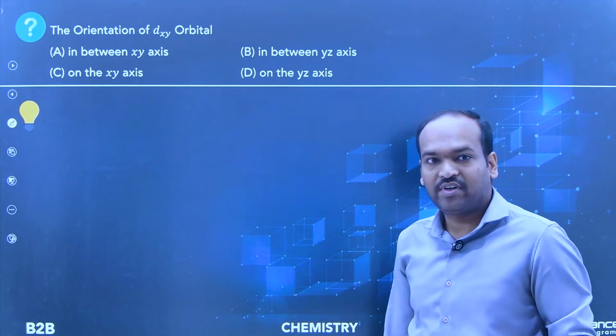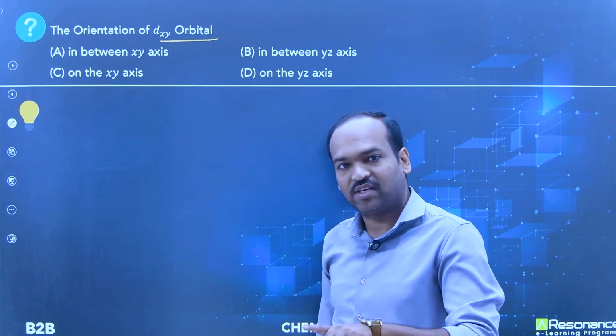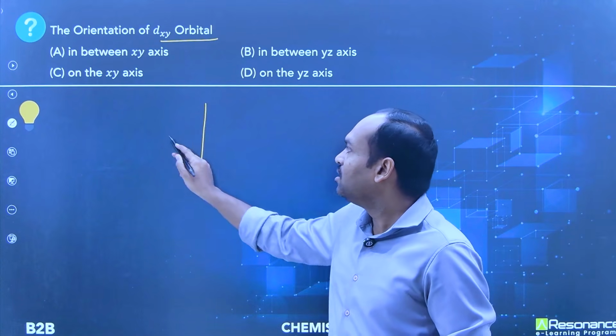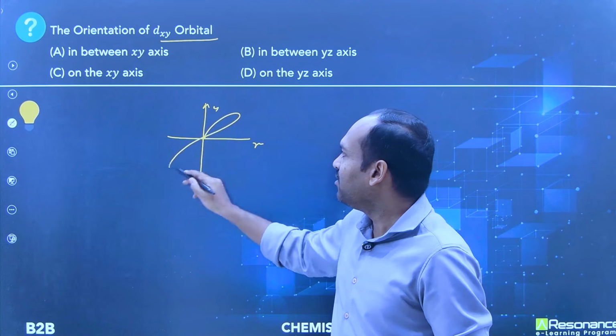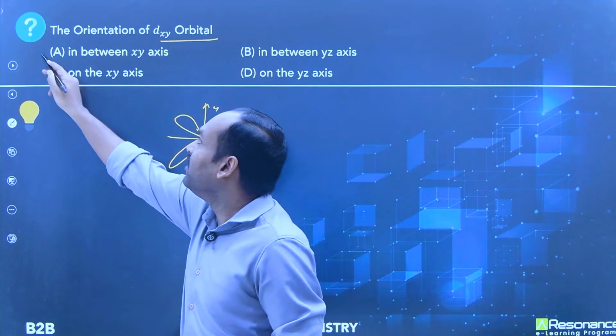The orientation of the dxy orbital: dxy is non-axial. So this is x, y, in between the axes.